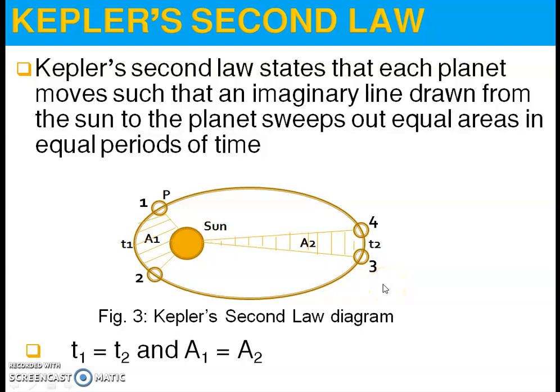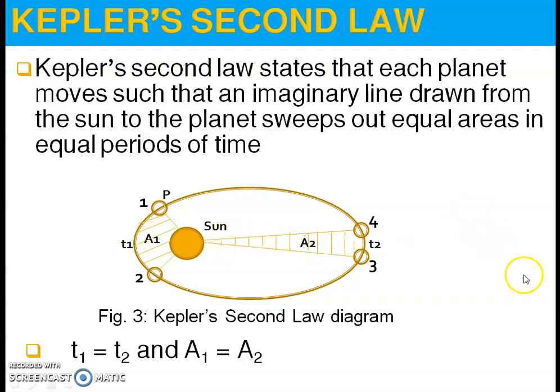This means that if planet P moves from point 1 to point 2 in time T1 and sweeps out an area A1, and then moves from point 3 to point 4 in time T2 and sweeps out an area A2, then, if T1 is equal to T2, A1 is equal to A2.